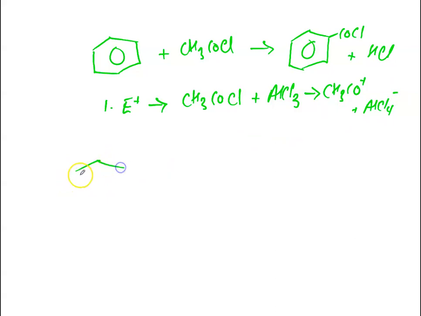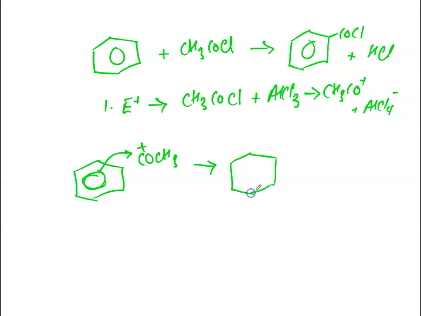The next step is the mechanism, and you can see there's no change, but I'm just going to show you a different way of looking at this. There's my electrophile. So you can see from the ring, from the circle, an arrow towards the electrophile, and then in the next step your delocalized cloud gets disturbed, and I've drawn the horseshoe horn slightly differently because I want to add the electrophile on the top.